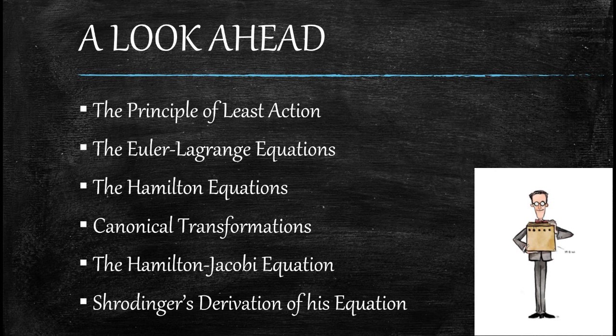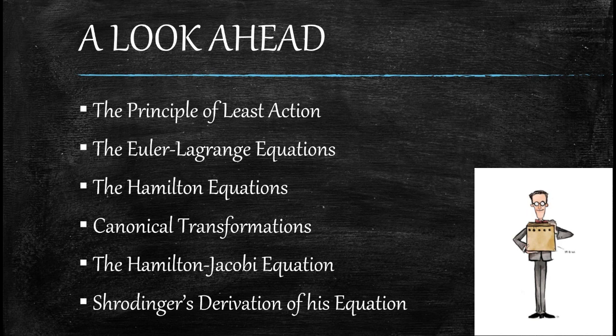We will briefly review some of the formulations of classical mechanics, starting with a very brief mention of Newton's second law, and I guess we already did that here, so we might not need to do that in the next video. Then we will introduce the action principle, from which we will derive the Euler-Lagrange equations, the Hamilton equations, and finally, and most importantly, the Hamilton-Jacobi equation.